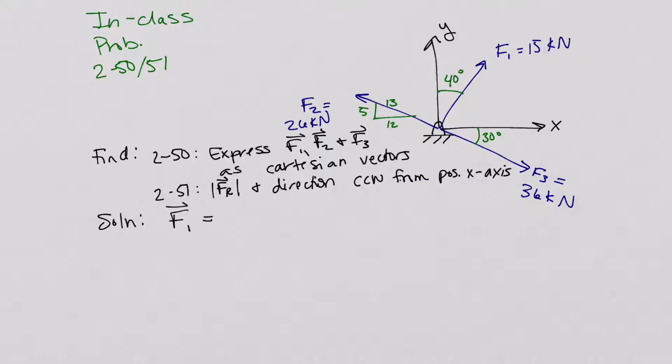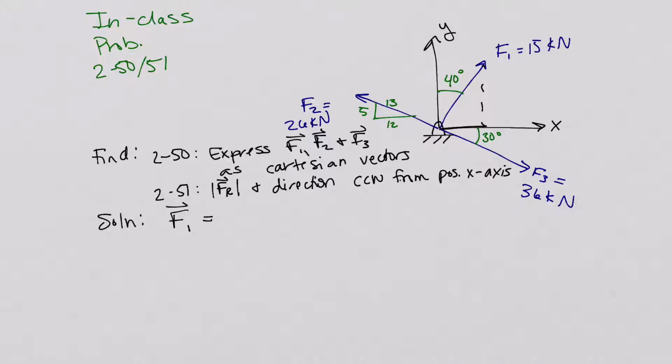So F1, the magnitude is 15 kilonewtons, and that angle is 40 degrees. So for the i component of it, the i is actually along this x-axis. So it's this one here. We bring that down. And so that angle is 40 degrees.